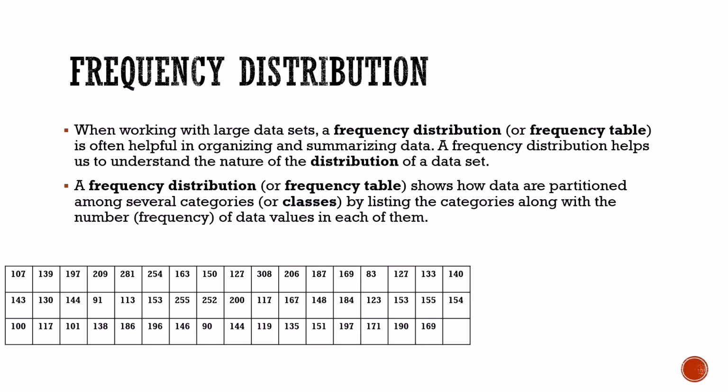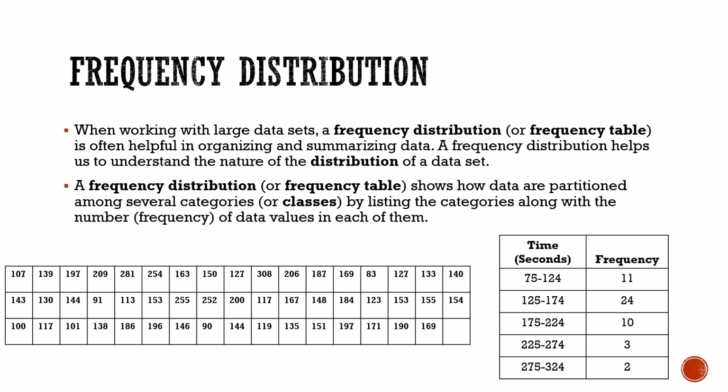So here's the data, and here's how you make a frequency distribution. It helps you see what's going on. Let's look at the categories. Eleven people waited from 75 seconds to 124 seconds.